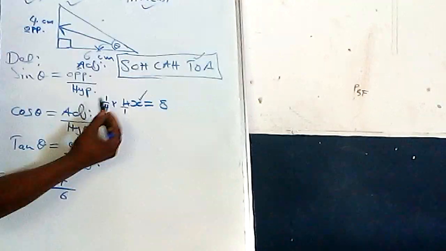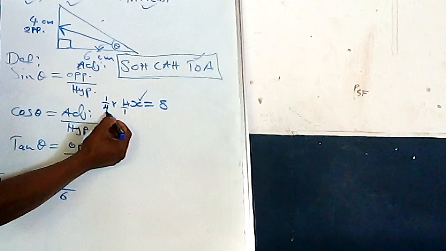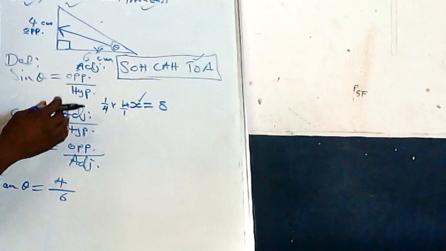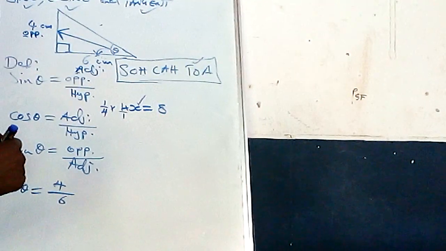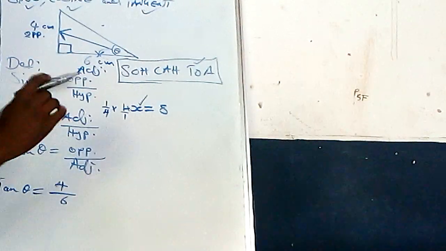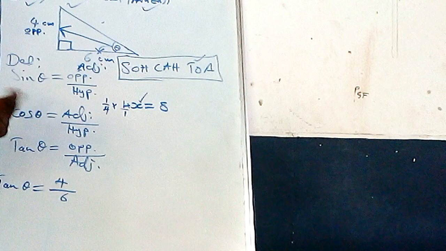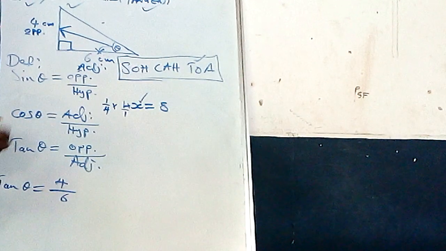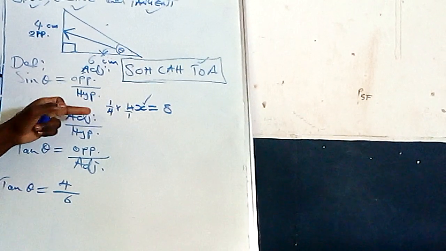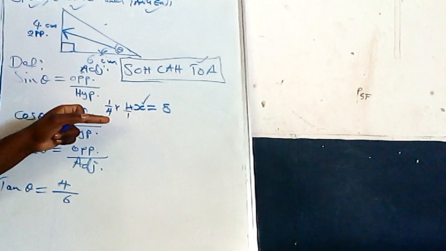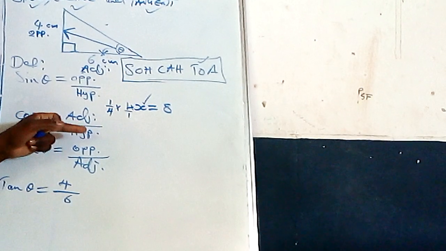Now look at this 1 over 4. In index form, how else can 1 over 4 be written, according to what I taught you? Take note: 1 over 4 to the power negative 1. Excellent, so it will be 4 to the power negative 1.